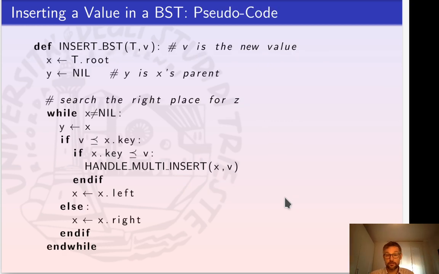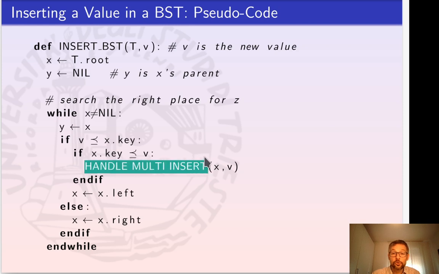This is the code. I don't want to go through the code. Rather straightforward. The while loop is rather similar to the code for searching the value, but due to the fact that we may want to insert multiple times the same value, we need to slightly change the code here.